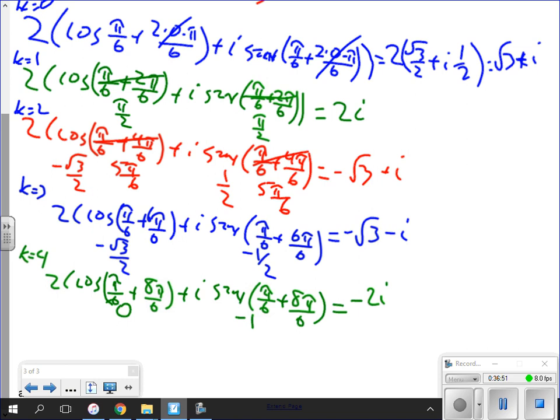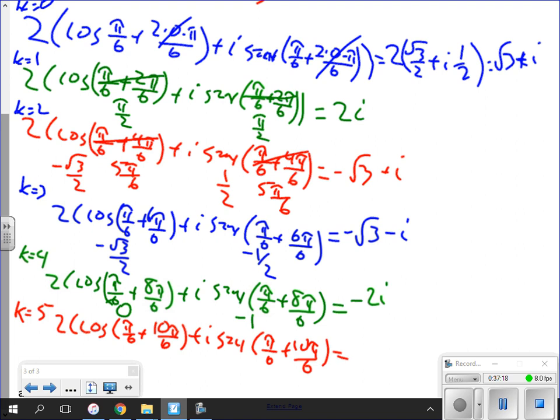All the conjugates. How many more do we have? One more. We can do it. Don't die on me now. K equals 5. 2 cosine of pi over 6 plus 10 pi over 6 plus I sine of pi over 6 plus 10 pi over 6 equals 11 pi over 6.